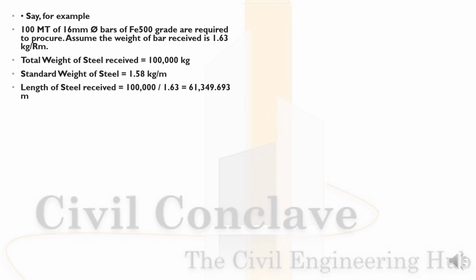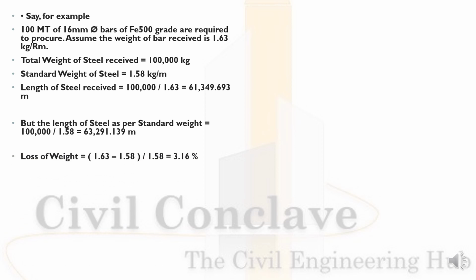So the length of the steel received is 1 lakh divided by 1.63, which is equal to 61,349 running meter. But the length of the steel as per the standard weight will be 1 lakh divided by 1.58, which is 63,291 running meter.